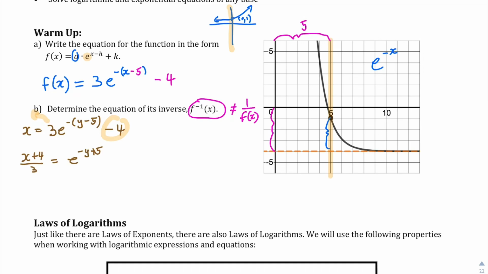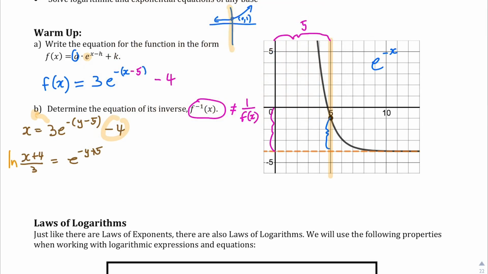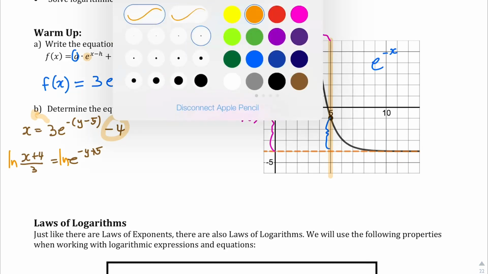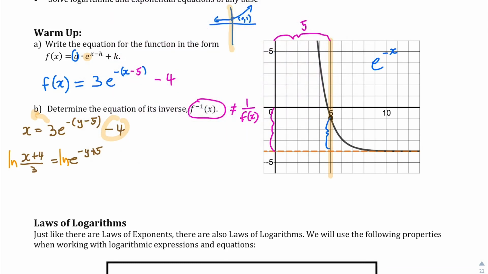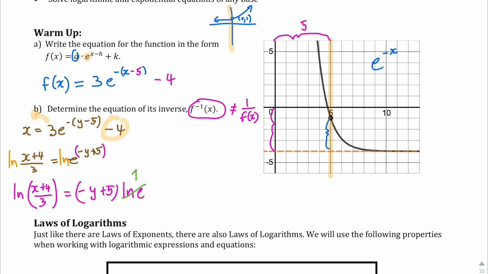I'm then going to introduce a base e logarithm to both sides. So I'm going to take ln of both sides, and the purpose of doing that, of course, is that I'm using the reverse operations. I'm going to then move my minus y plus 5 out of the exponent. On the left-hand side, I have ln of x plus 4 over 3. On the right-hand side, minus y plus 5 multiplied by ln of e, which of course has a numerical value of 1.